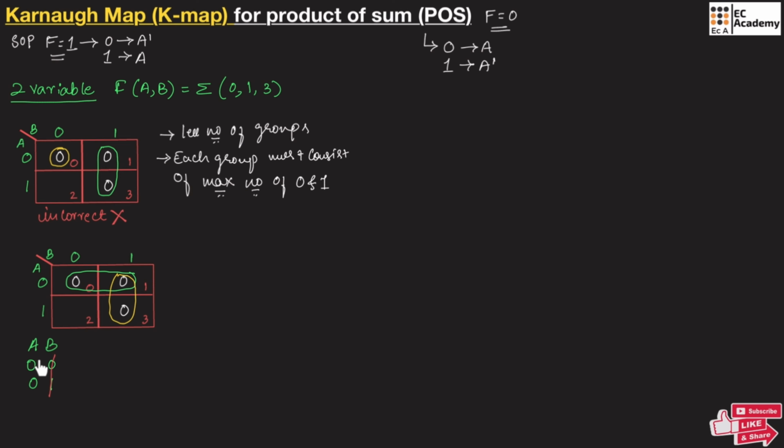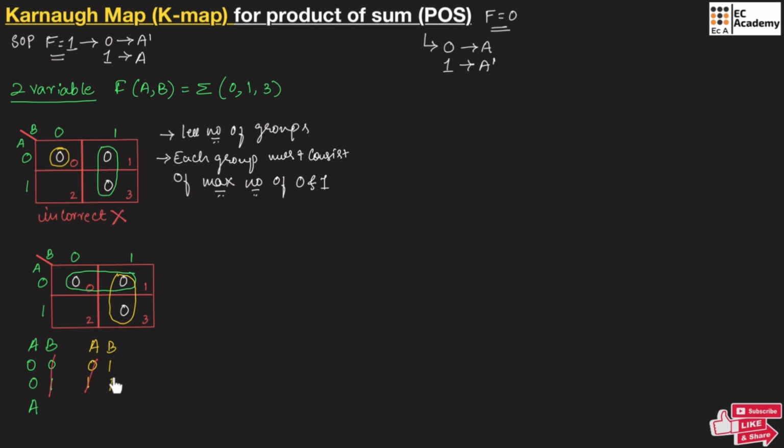Let us take the second group. For this 0, we can write the value 0, 1, and for this 0, we can write the value 1, 1. For AB, we have 0, 1 and 1, 1. Here, if we observe, A has different values, so we can cancel out A. We are left with B with the value 1.